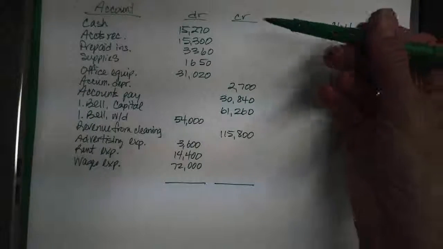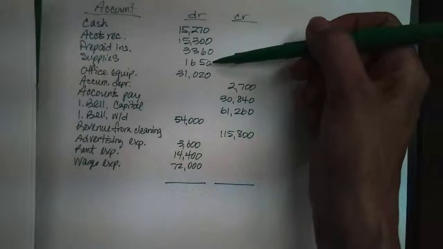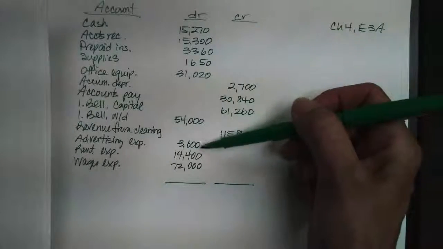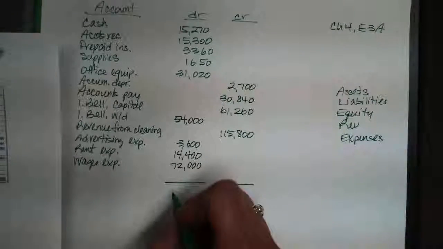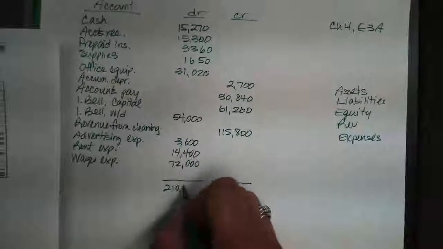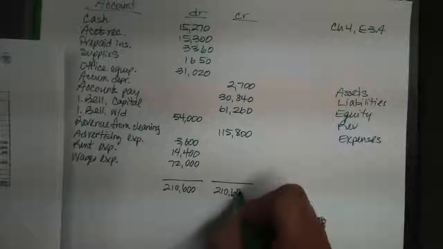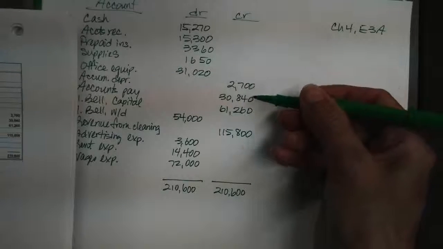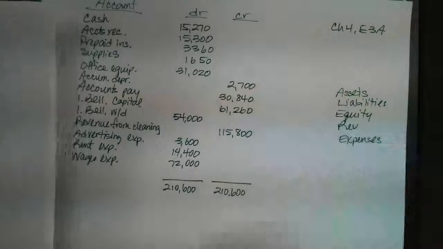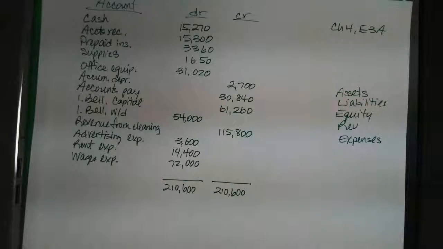Okay, I'm going to double check my numbers here. Yep, okay, so 210,600. Yes, we have included everything. Okay, looks great. Okay, so that's how you work your way through making a trial balance.